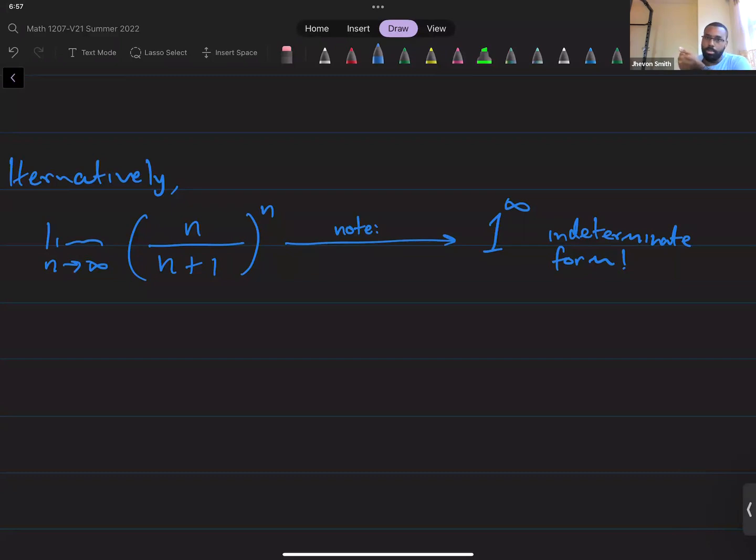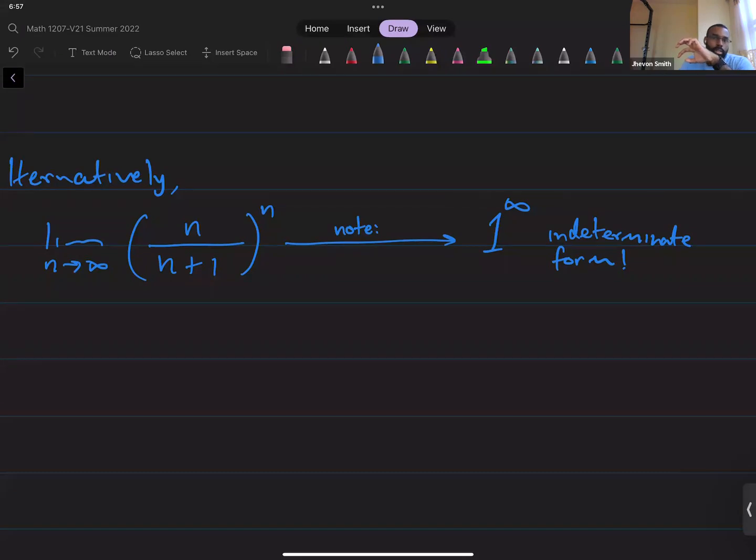And we know how we deal with indeterminate forms. We have to rewrite them so that potentially we can use L'Hopital's rule. However, rewriting them can also potentially put us in a situation where we don't even need L'Hopital's rule afterwards. If an exponential is the issue, like 1 to the infinity, 0 to the infinity, or infinity to the infinity, these are all indeterminate forms.